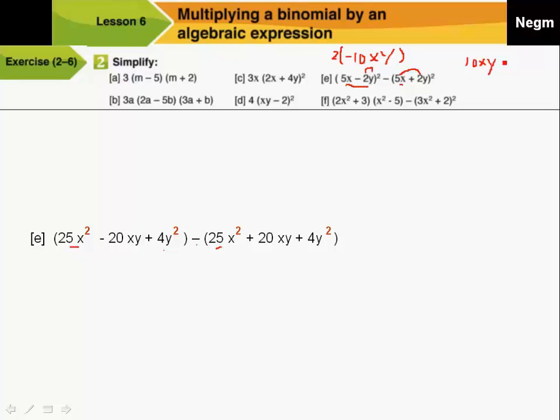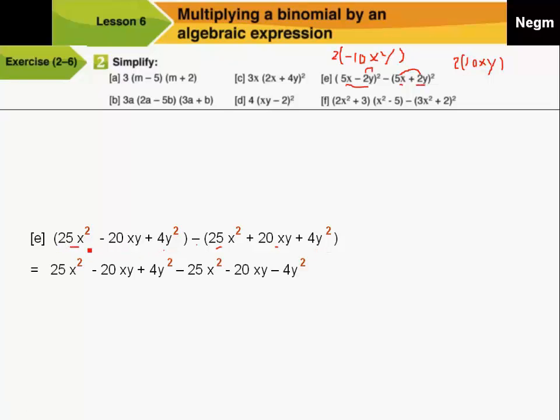Also, don't forget, the second term must be multiplied by 2. So this will be 20xy. 2y multiplied by 2y is 4y squared.